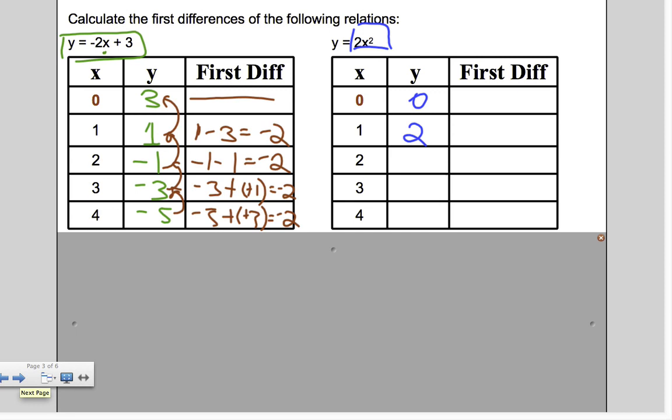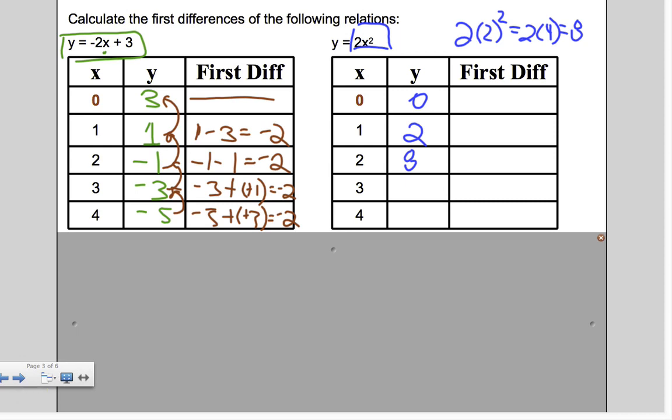Basically we're doing 2 times 2 squared. 2 times 4 gives us 8. It's just the 2 being squared, right? Yes, I just got it.